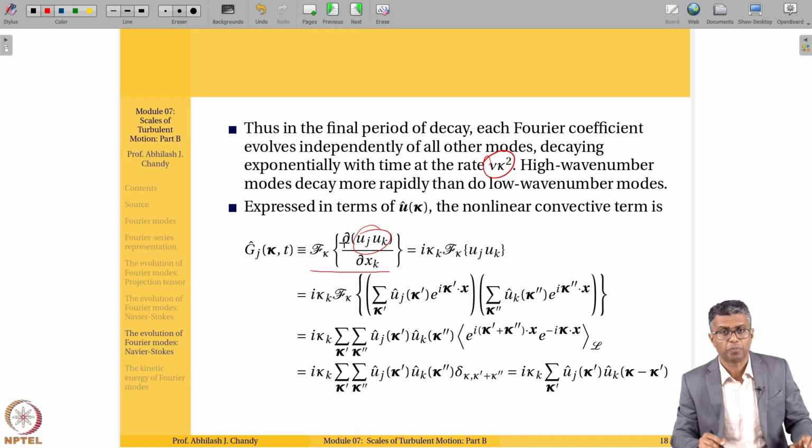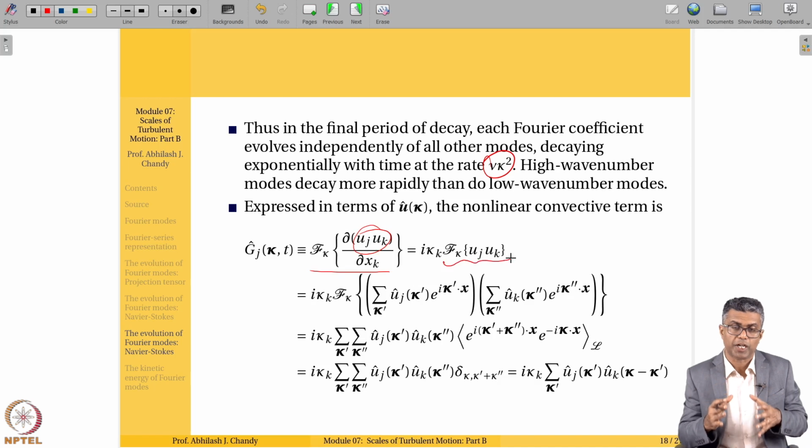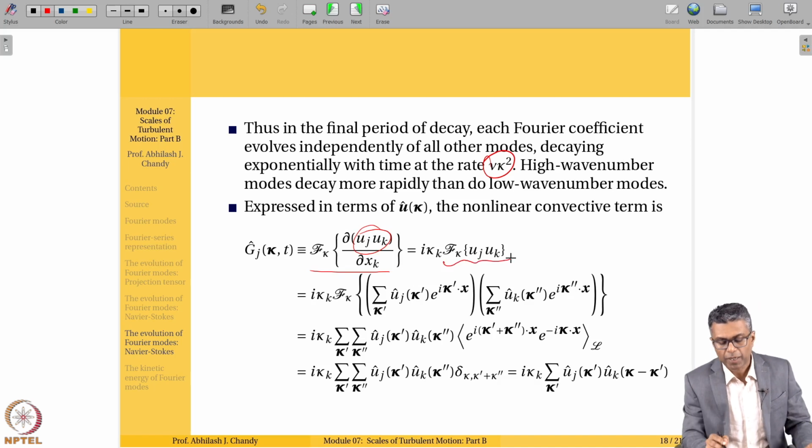The Fourier transform of the derivative of a function is i kappa times the Fourier transform of the function itself. That is what I'm doing here. So Fk, the Fourier transform operator, of del by del xk of uj uk would be i kappa k times Fk of uj uk. So now I am taking a Fourier transform of this uj uk multiplied by i kappa k, of course.